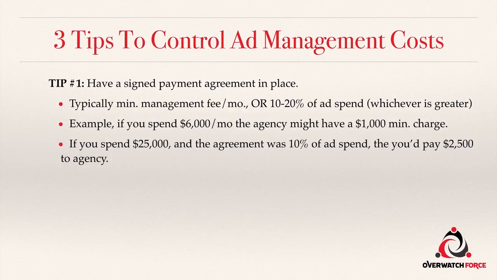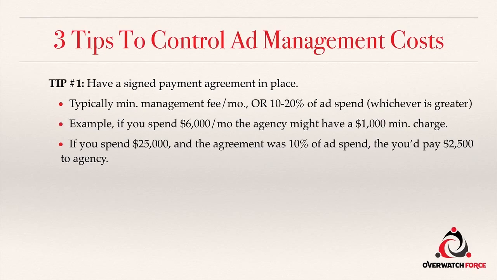So in this example, this agency is going to charge you $1,000 minimum if you spend up to $10,000 that month. When you go above $10,000, they're going to start charging you 10%. But they're going to charge you whichever is greater.